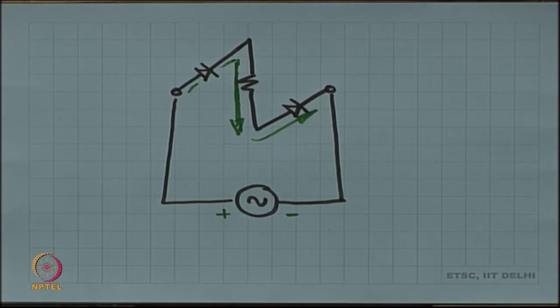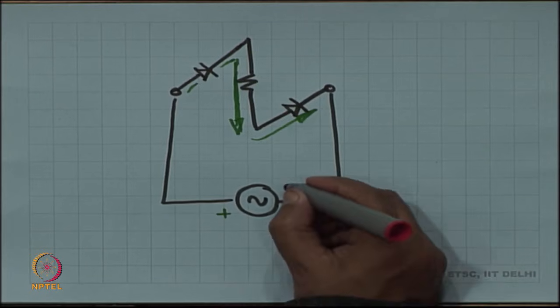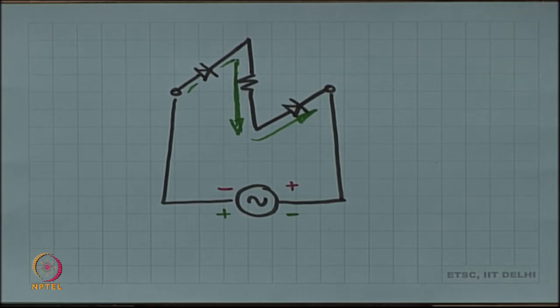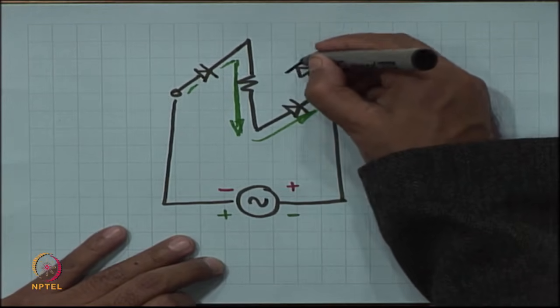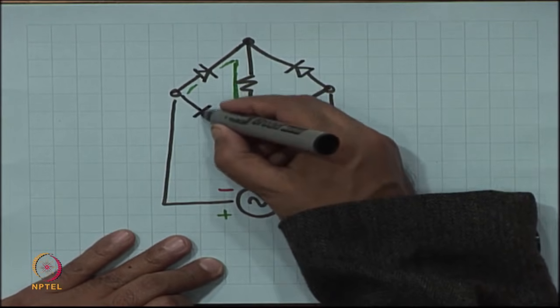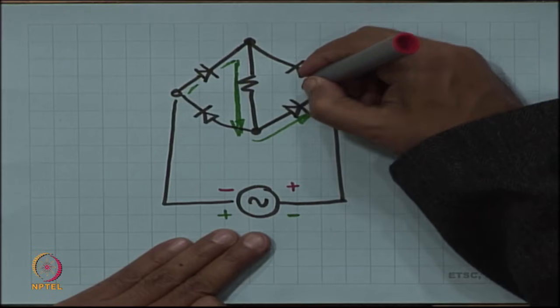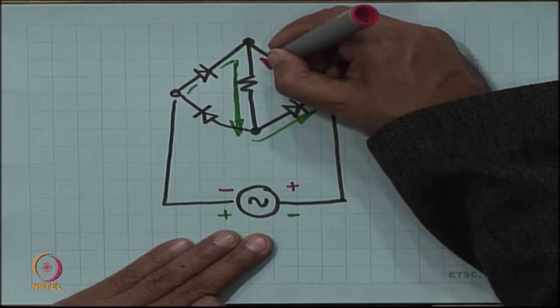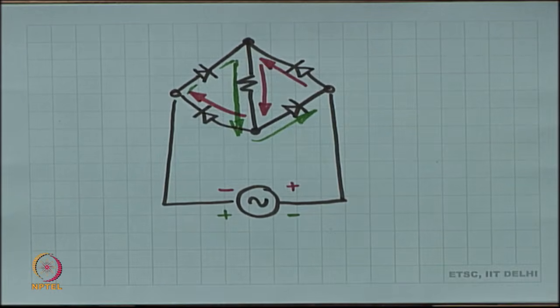However, when the polarity is reversed, when I have plus on the other side and minus on the other side, I want the current to flow in exactly the same direction, and therefore, what I do is I place two more diodes and now the current goes like this.